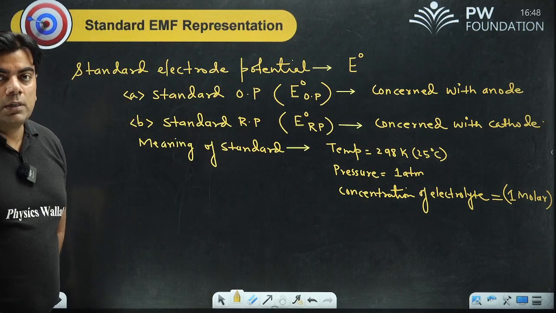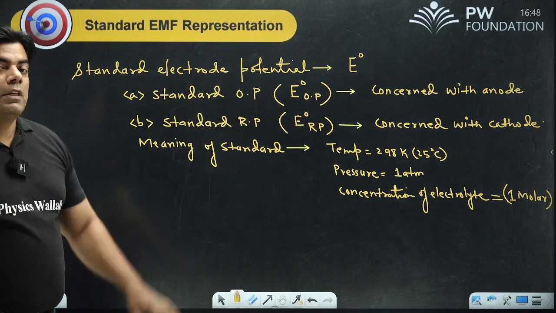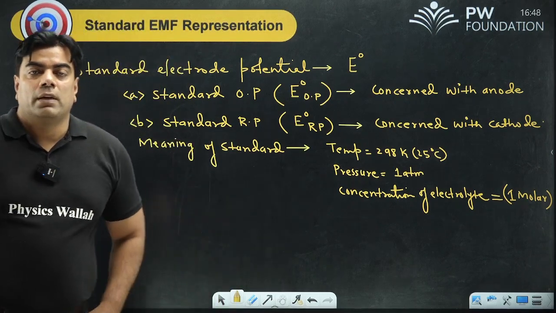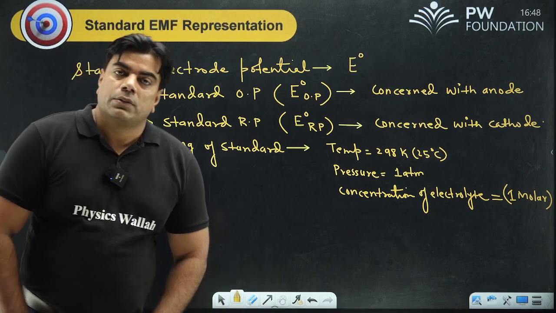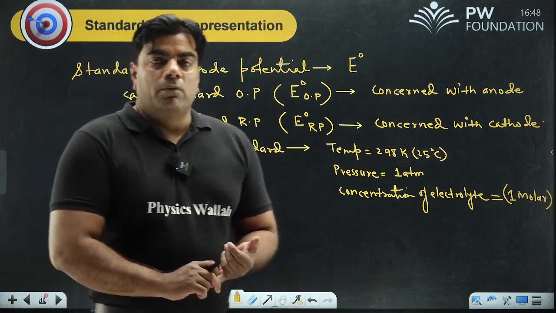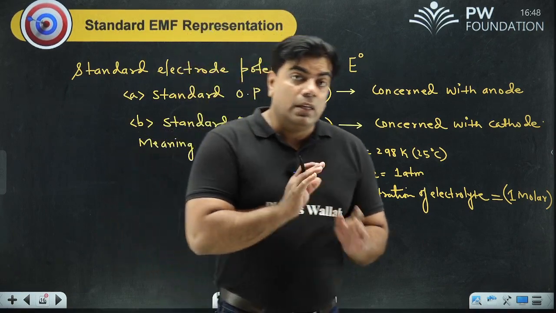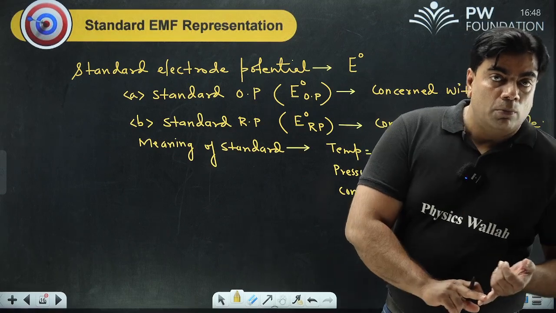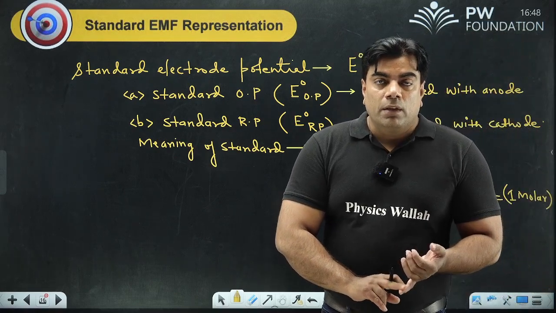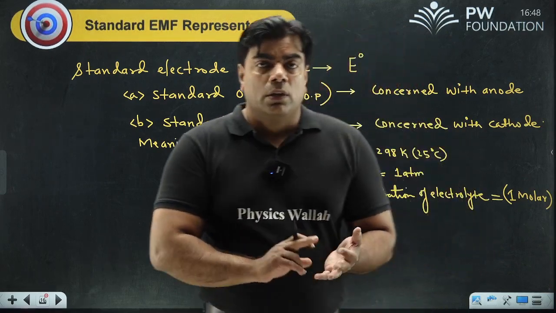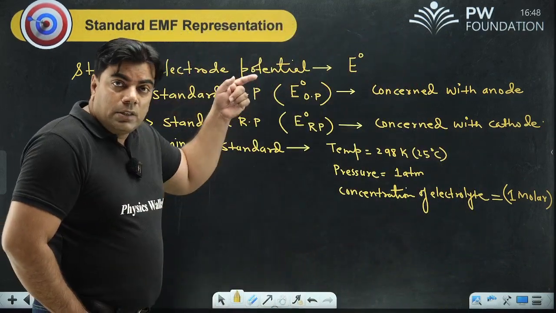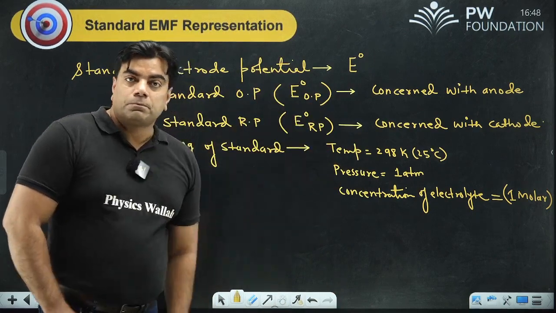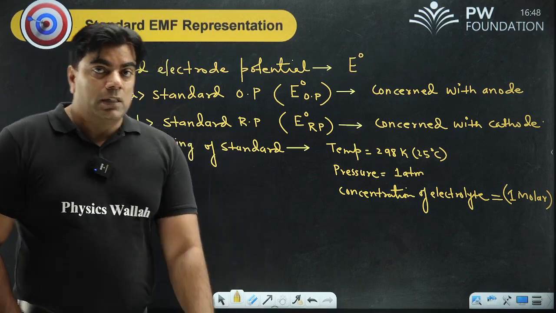By combining standard oxidation potential and standard reduction potential, we can find the standard EMF of the cell. Whenever we calculate the standard EMF, our electrode potential must follow these three conditions.